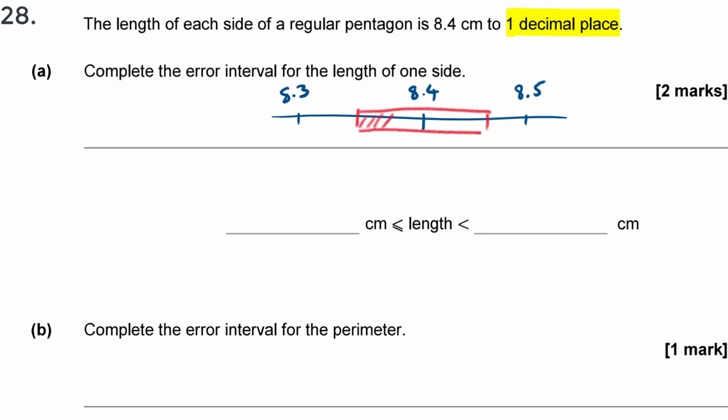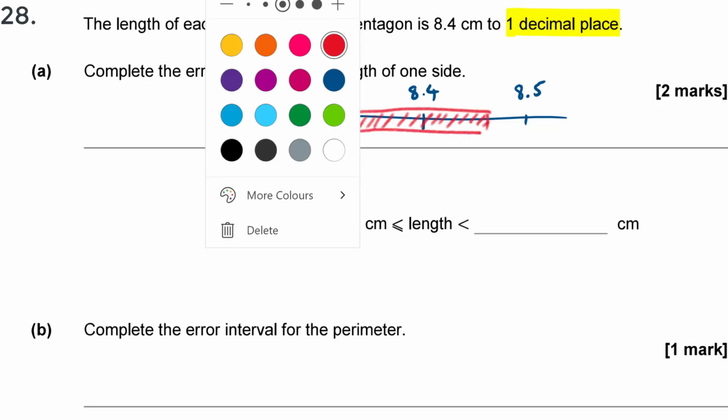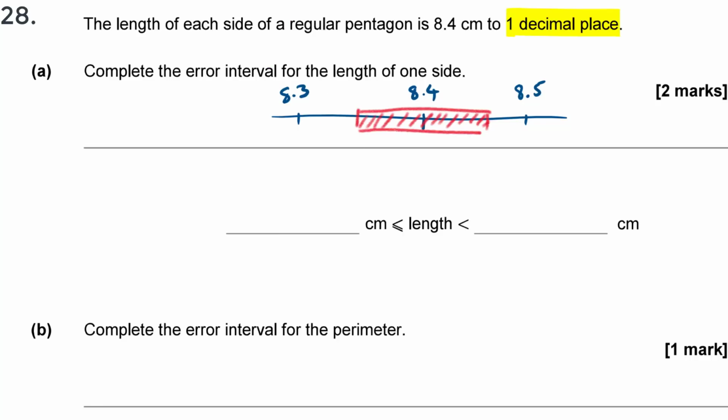Now, I know you're going to tell me that 8.45 rounds up, but it still becomes the boundary where you make the decision about where you want to round up one way or the other. So halfway between 8.4 and 8.5 is 8.45, and the other boundary is going to be halfway between 8.3 and 8.4, which is 8.35.